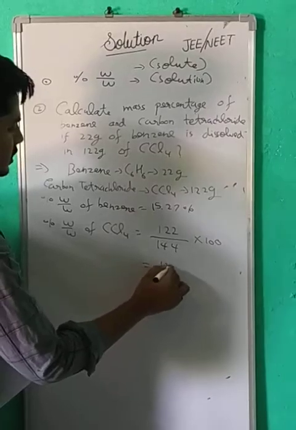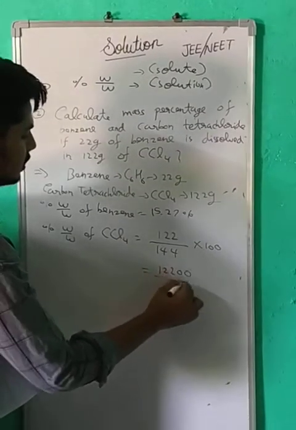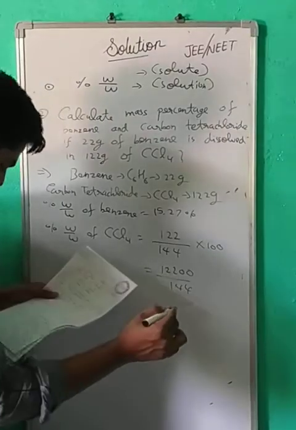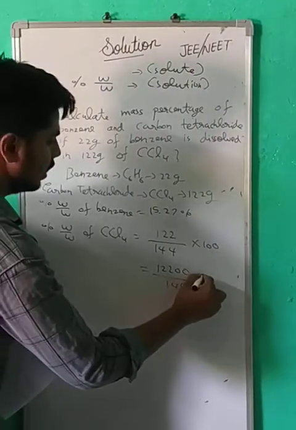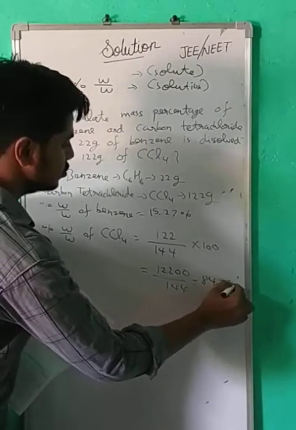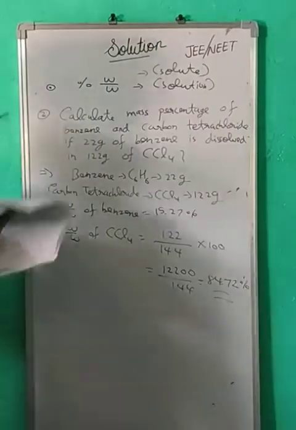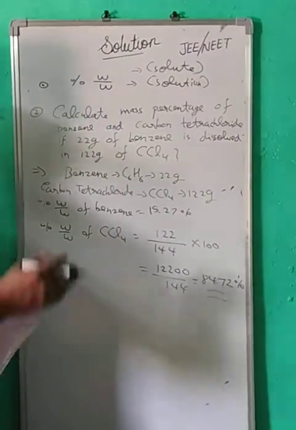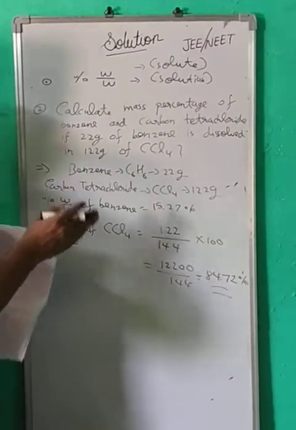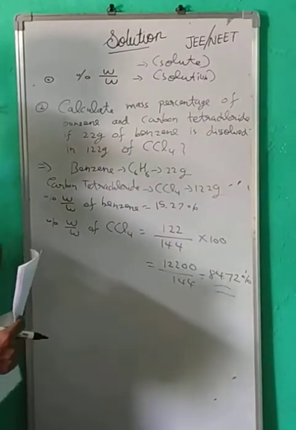So the answer for this is 84.72%. This is the way to find percentage weight by weight. So here we have found both the mass percentage of benzene as well as carbon tetrachloride.